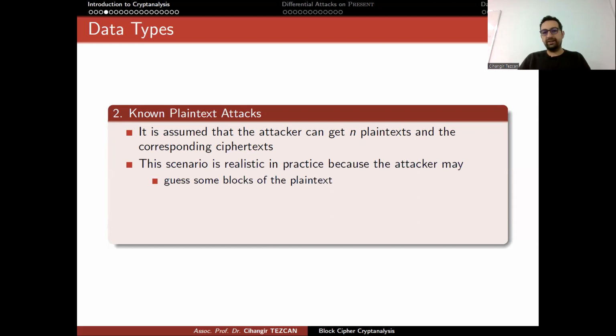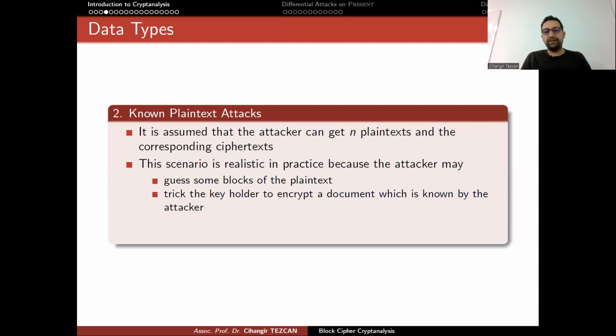This scenario is realistic in practice because the attacker may guess some blocks of the plain text. This is always possible. For instance, if it is an email and it is encrypted, you can easily guess beginning headers. So this way you can capture the beginning block and, since you already captured the ciphertext block, you can guess some plain text blocks from the context.